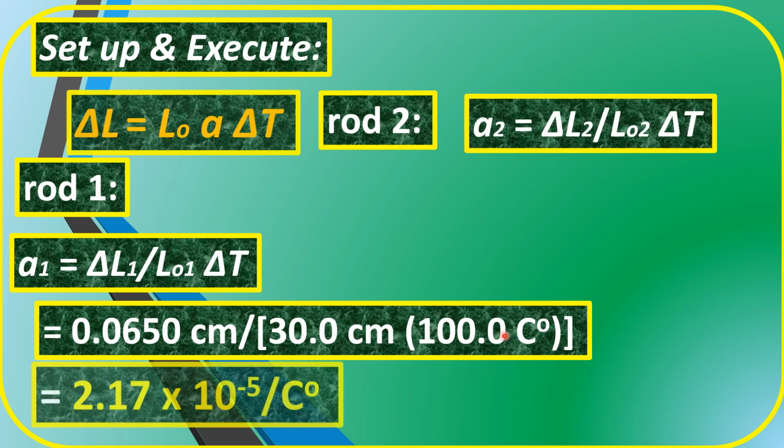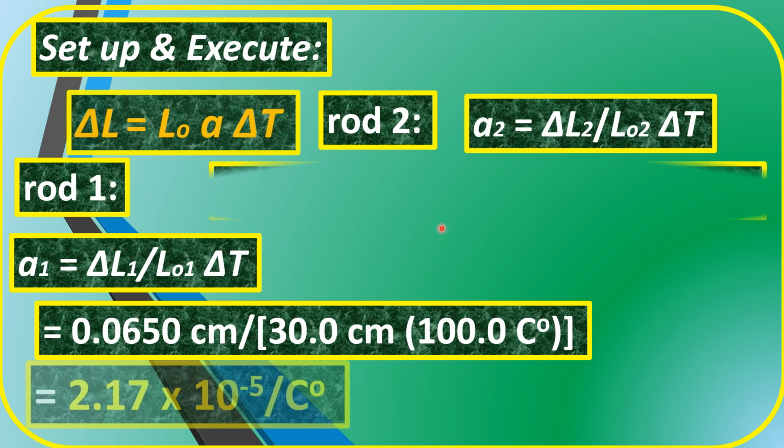Alpha number 2 is also equal to delta L number 2, or the elongation of rod 2, divided by the product of its initial length, L naught 2, multiplied by its change in temperature.